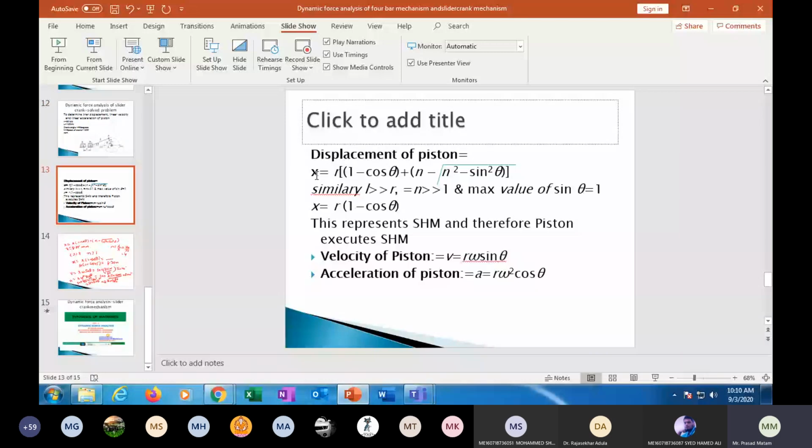For displacement of the piston, x is equal to r into (1 minus cos theta) plus (n minus root over n square minus sin square theta). When the length of the connecting rod is greater than r and n is greater than 1, taking the maximum value of sin theta equal to 1, this term will become 0.